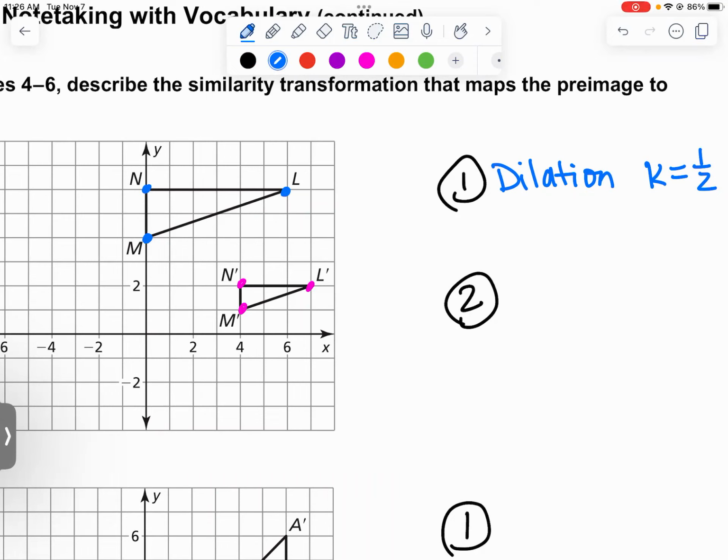Okay. We go from X, Y to what? X plus 4. Y minus 4? Question mark?